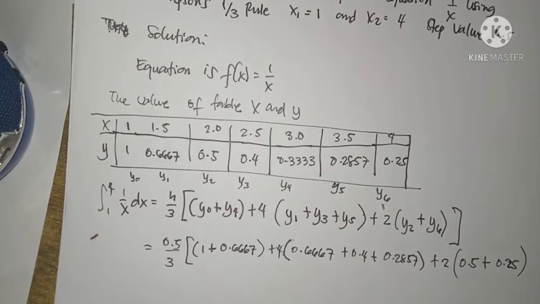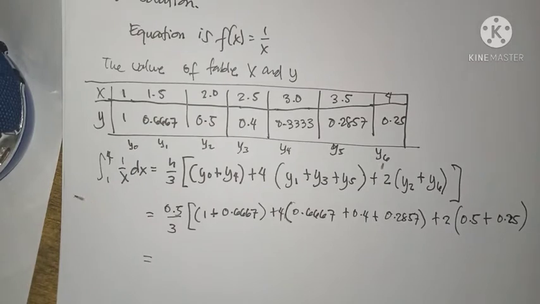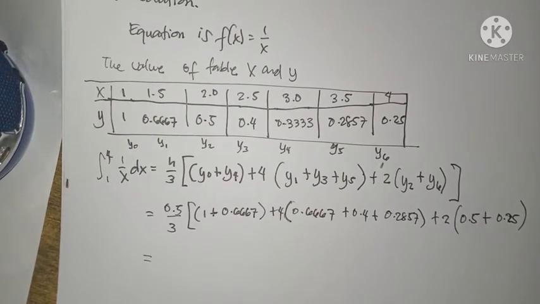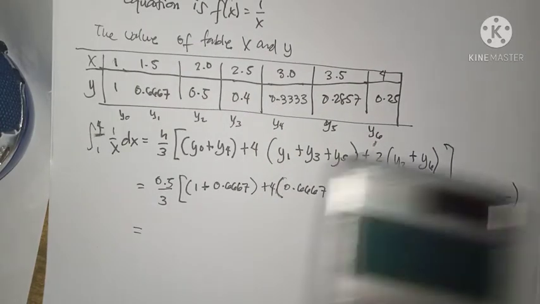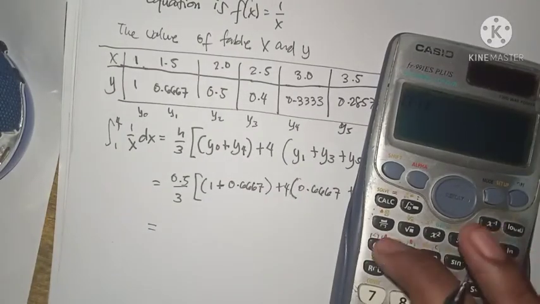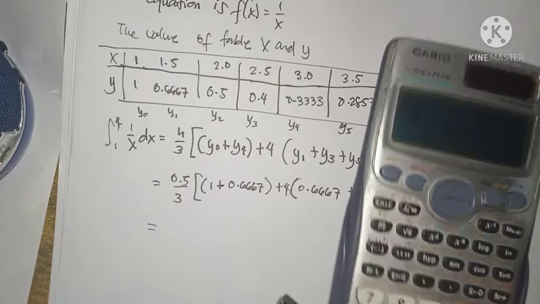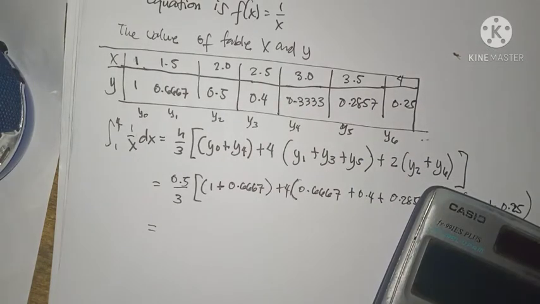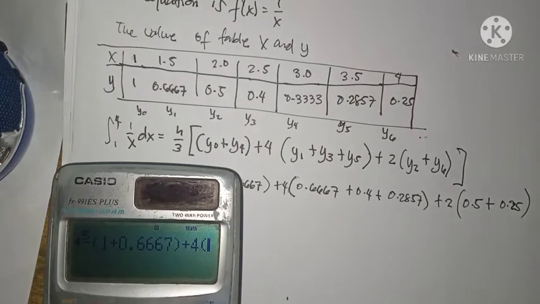Again, let's solve this directly so it won't be long. 0.5 over 3 times 1 plus 0.667 plus 4 times 0.667.